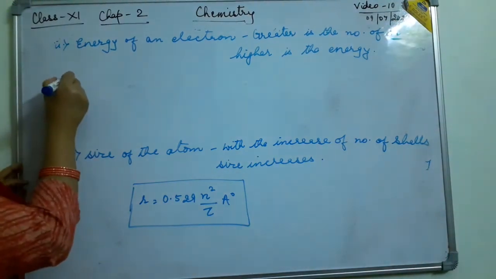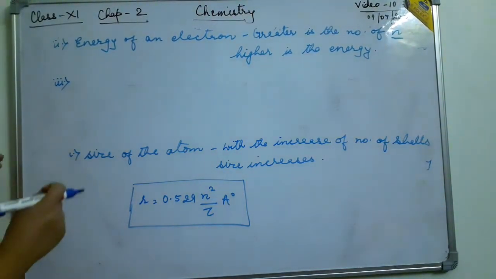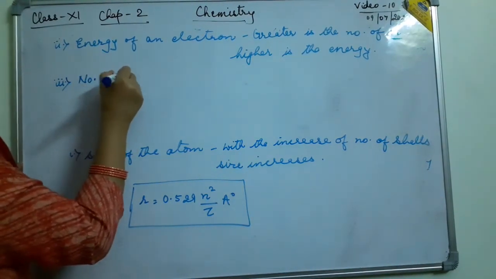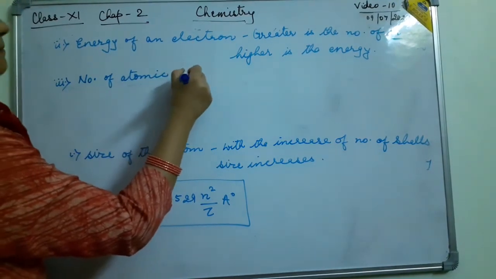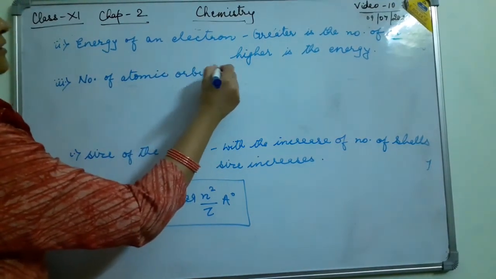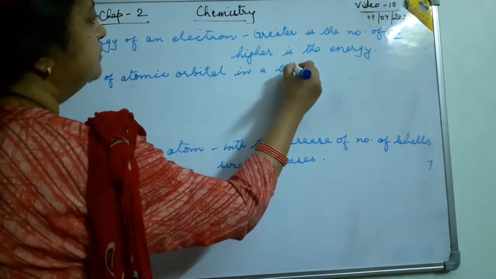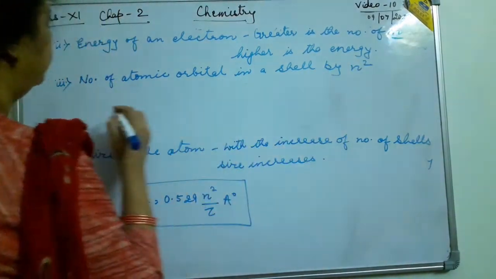Third, we can calculate the number of orbitals present in different shells. It tells us about the number of atomic orbitals in a shell by n square.